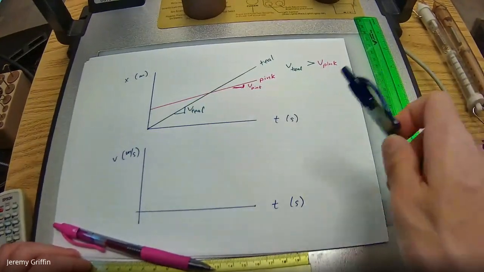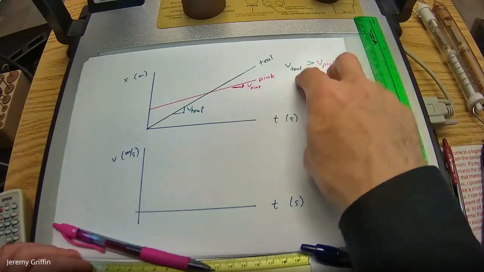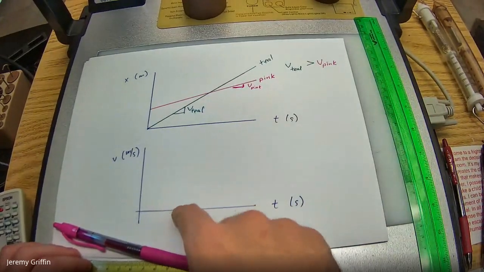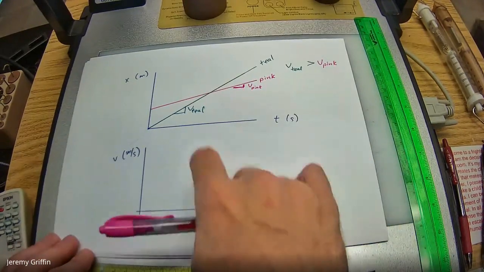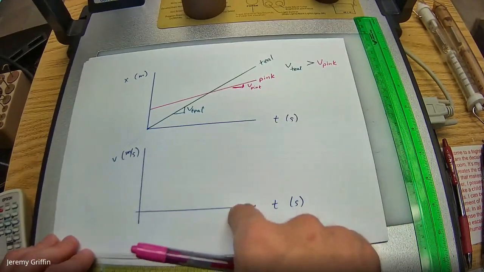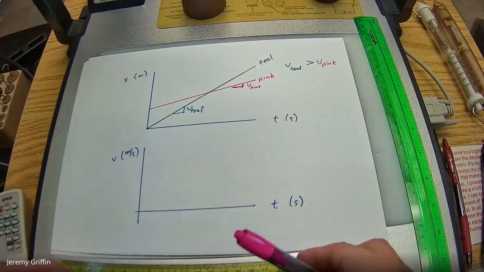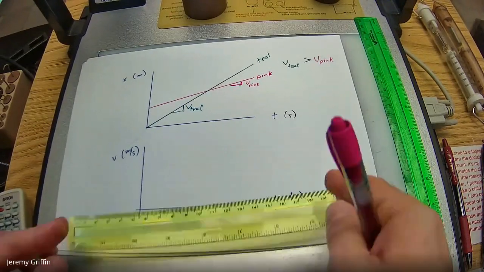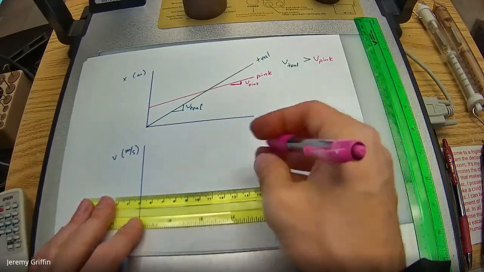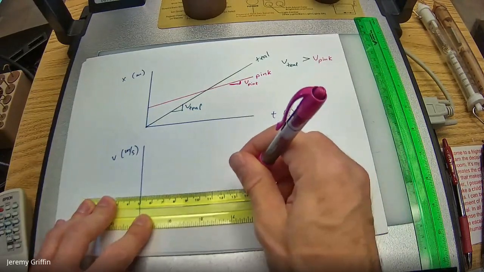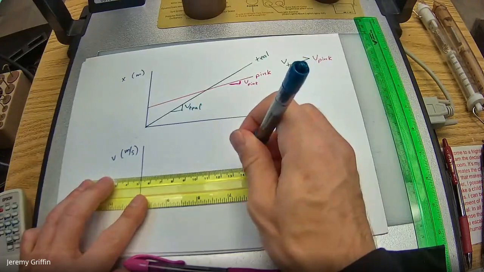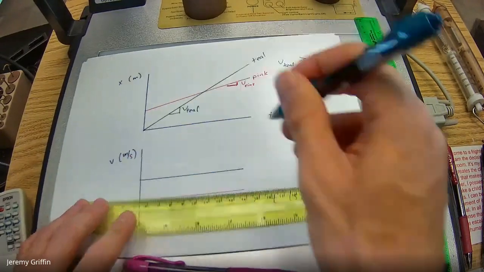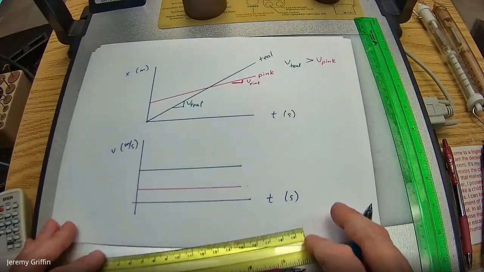Oh, you know, since we're talking about velocities, we may as well make these velocity graphs down here, right? Could you guys draw these two velocity graphs before I do? What do two velocity graphs look like? Did you guys get something like that? Right?